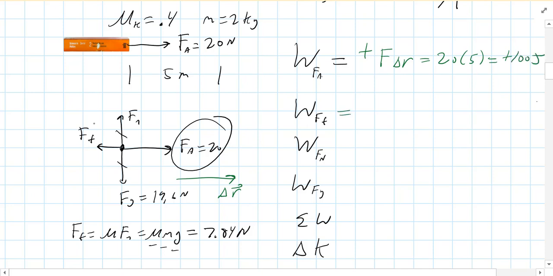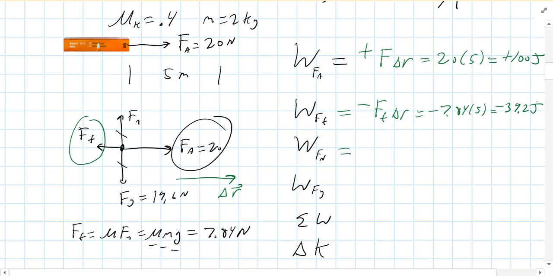Work done by friction, positive or negative? Well, that's acting in the opposite direction of the motion, so that's going to be negative. Force of friction times delta R, which is negative 7.84 times 5, which is negative 39.2, I think my calculator says. You might want to check me there, but I believe that's correct.